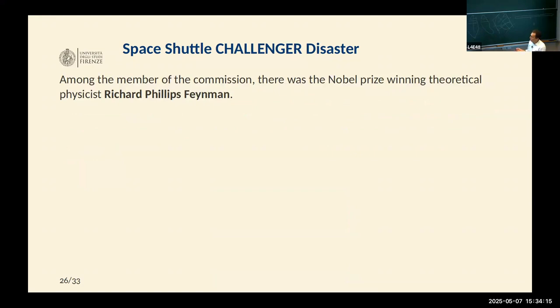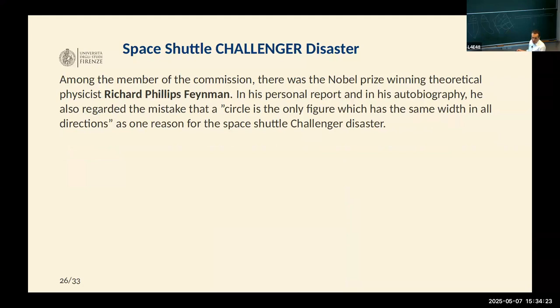Among the members of the commission was the Nobel Prize winner Richard Feynman, and he wrote in his personal report and in his autobiography that there was also one mathematical problem: the engineers at NASA believed that the circle, the disk, is the only set which has constant width.